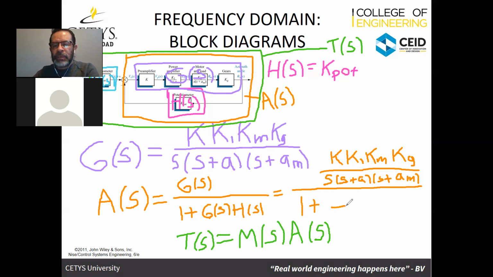So this is actually going to be K times K1 times Km times Kg times K pot, divided by S plus A times S plus AM.